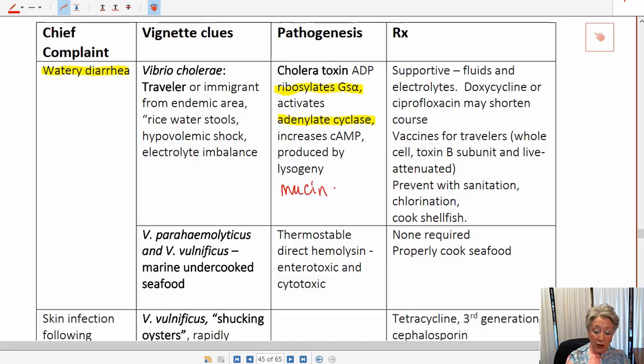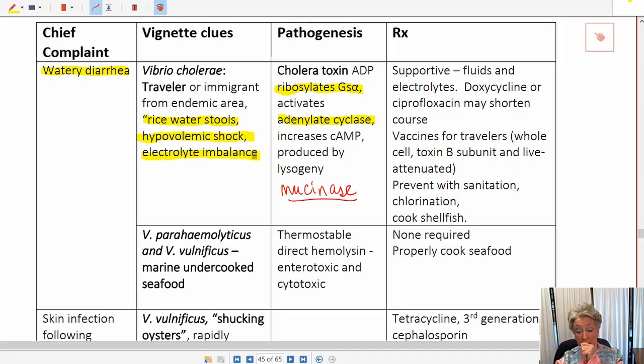And so when you see the description of cholera stool, they'll talk about rice water stools, reflecting the fact that I'm seeing those flecks of mucus on the surface of water that is simply diarrhea to the point of hypovolemic shock and electrolyte imbalance.